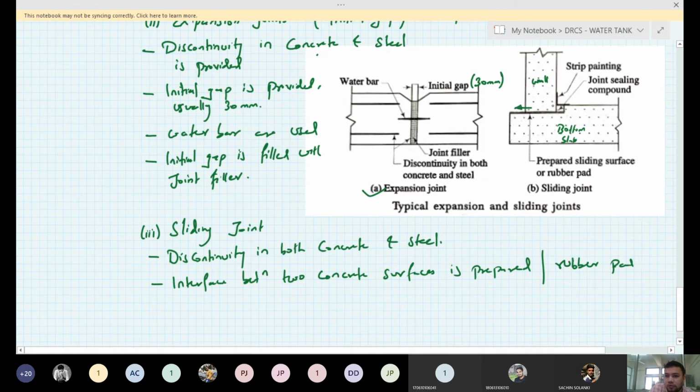But to prevent the leakage of water, the stripping paint is done and the sealing compound is filled here. So in this joint, the joint sealing compound is filled, and a stripping paint is done. This allows the sliding movement.